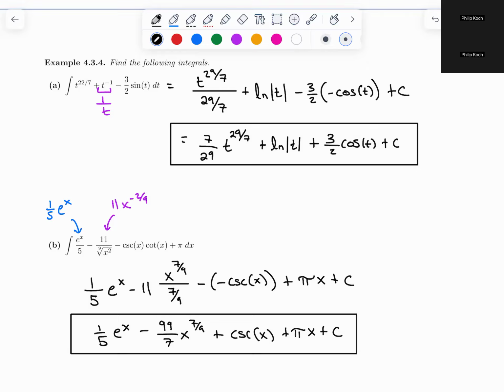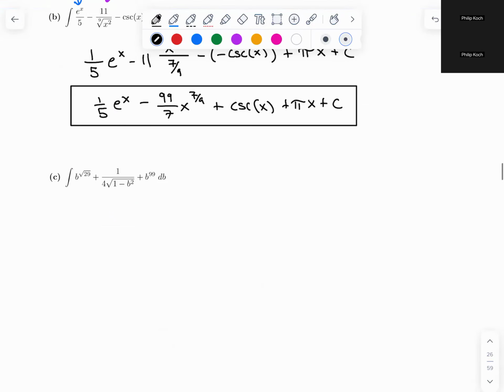Okay. The last one I did want to mention because it just looks creepy at first, but it's not. B to the square root 29. It looks intimidating. Square root 29 is just a number slightly larger than 5. This is just a power rule.